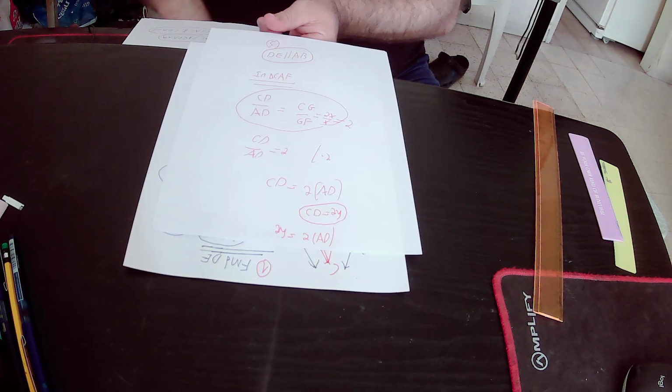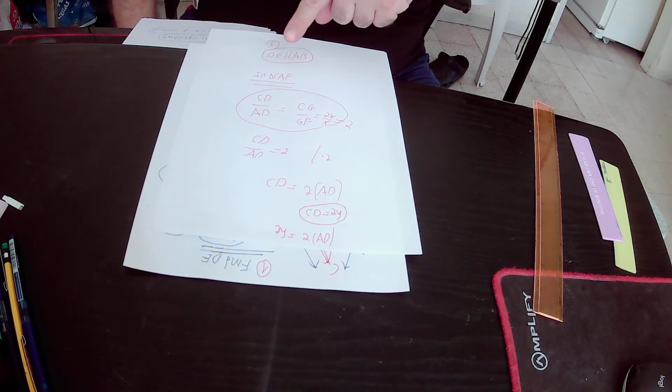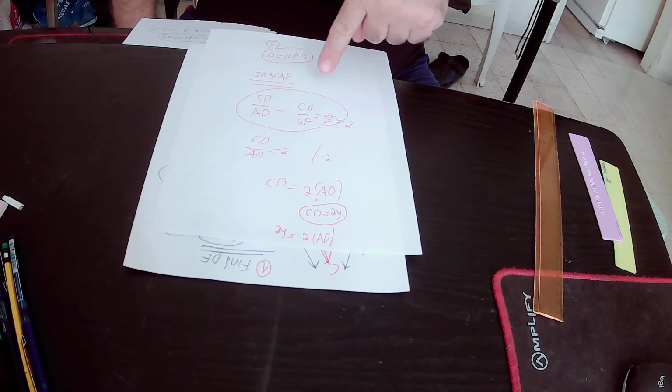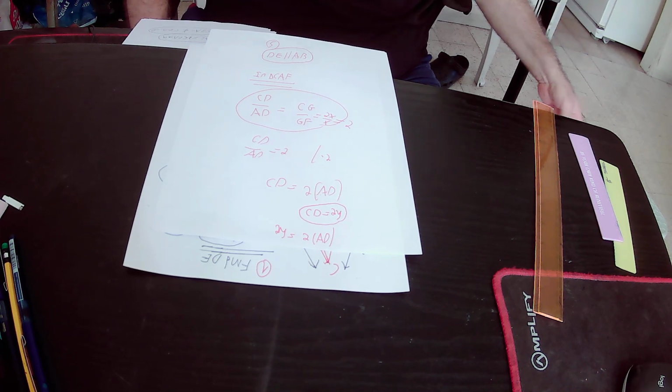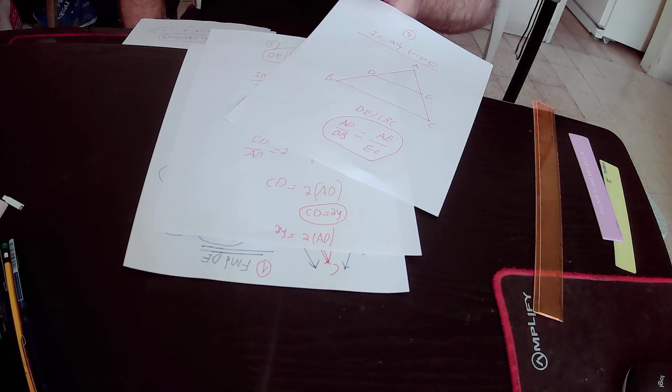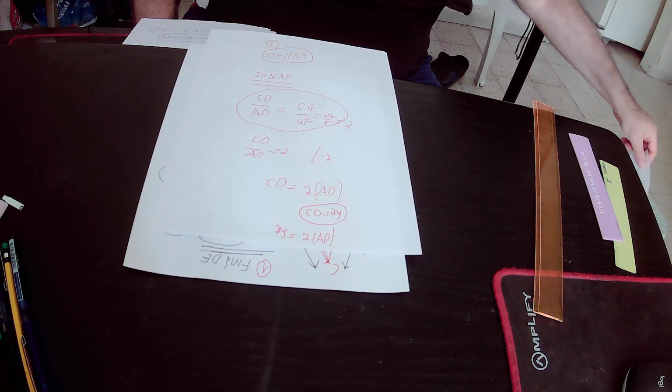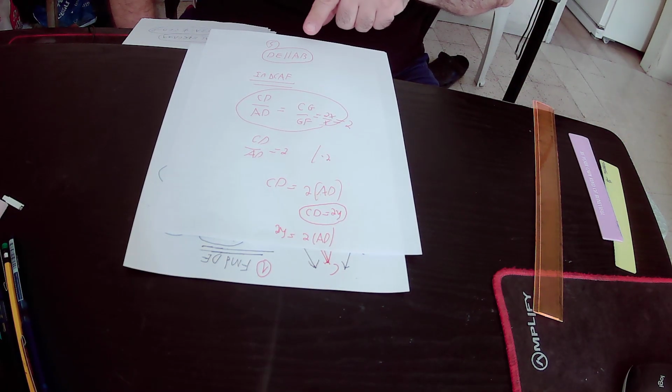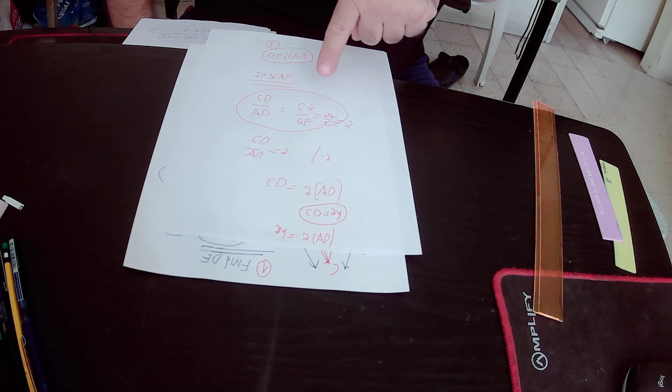If we relate to triangle ACF, CD over AD will be equal to CG over GF according to this rule, because of the fact that DE is parallel to AB.